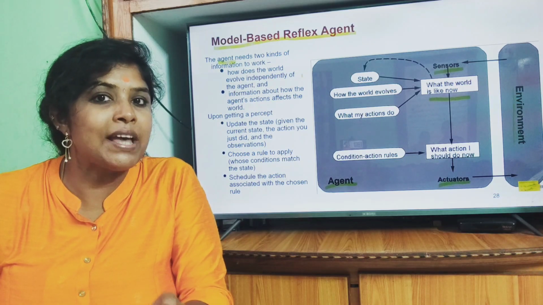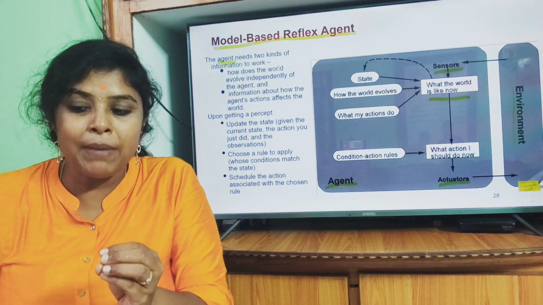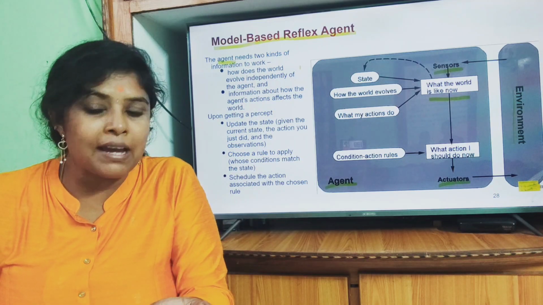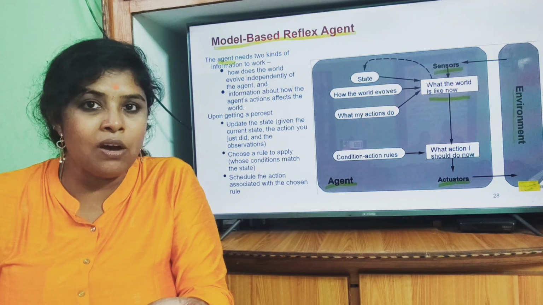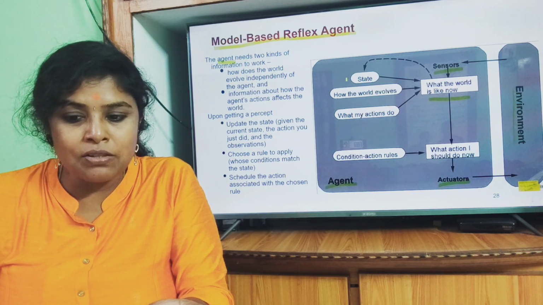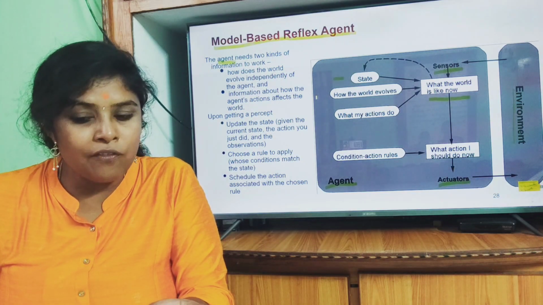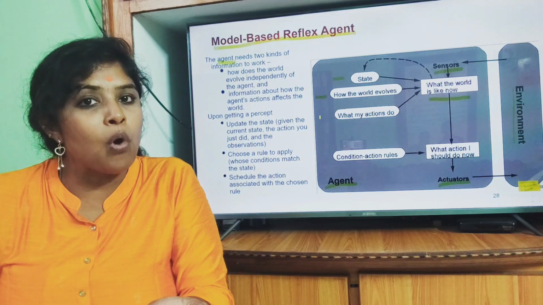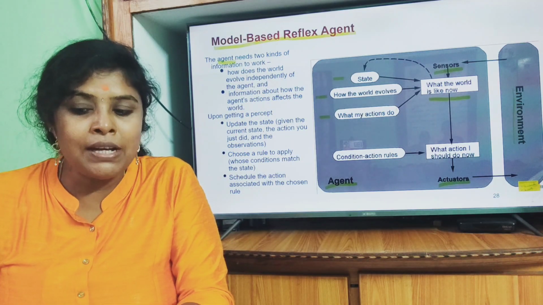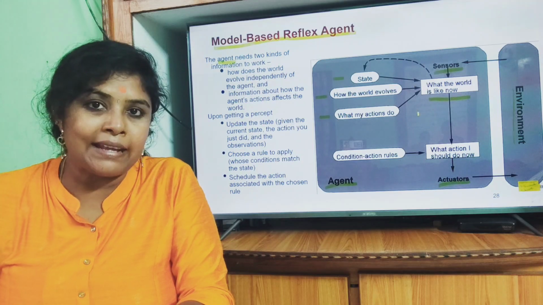In the simple reflex agent, only based on the sensor data, the agent could understand what the world is like now. But here, based on the state, based on how the world evolves, and based on what the actions of the agent will do, it will decide what the world is like now.